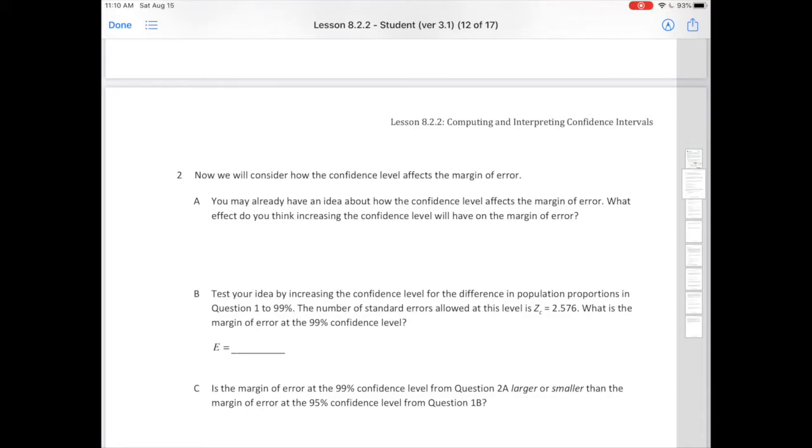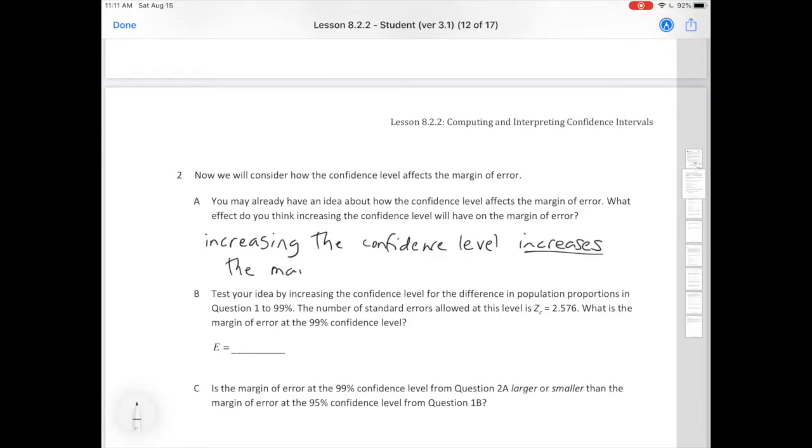Another way to remember this is that when you increase your confidence level, remember your ZC gets bigger, right? And we talked about this in the last module. So increasing the confidence level increases the margin of error, which is bad.